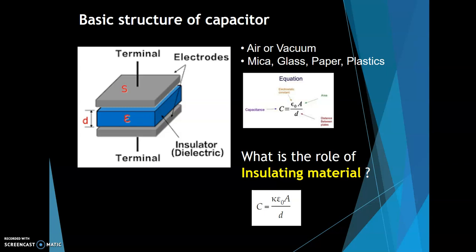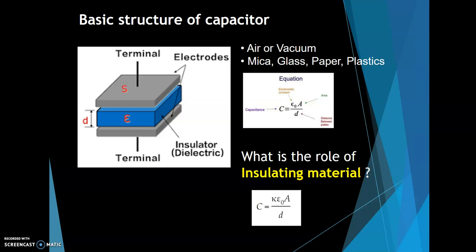Insulating materials are nothing but non-conductors of electricity. So in fact, you can fill the gap between the two electrodes with even air or a vacuum, because both air and a vacuum are non-conductors of electricity. Or you can think of filling the gap with any solid insulating materials like mica, glass, paper or plastic.